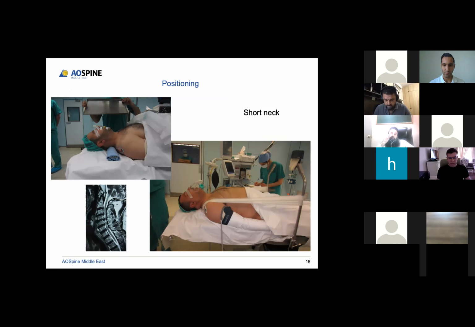And I use tapes to fix the forehead to avoid rotation of the head during the operation, and also tapes on the shoulders. But I try to keep the shoulders level for this approach to get a good AP view.